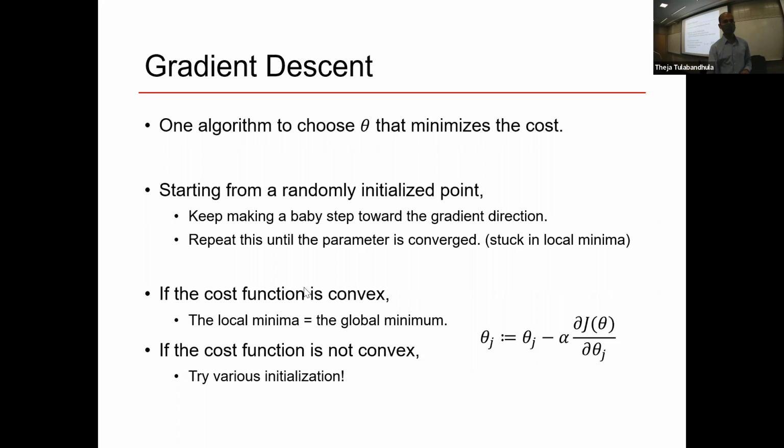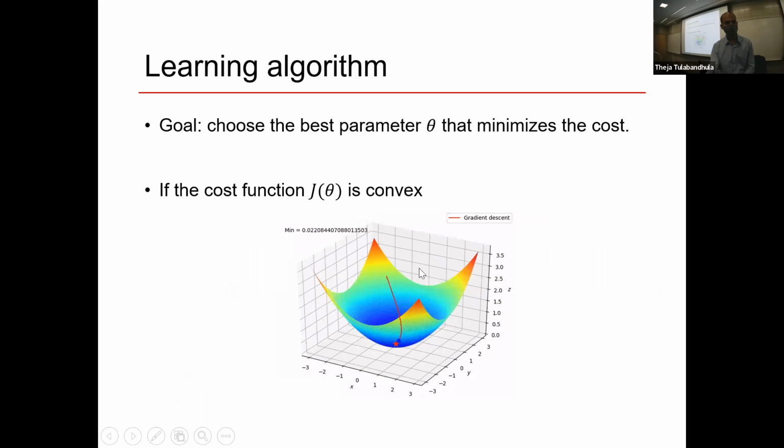Just a couple of comments: if the cost function is convex, so this is a convex loss function, we'll not define formally what is meant by convex, it's not needed at this point. If the loss function is convex, there's only one minimum value.